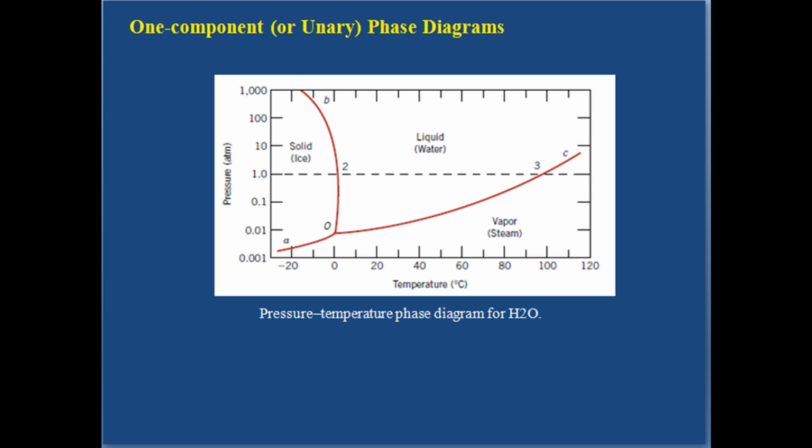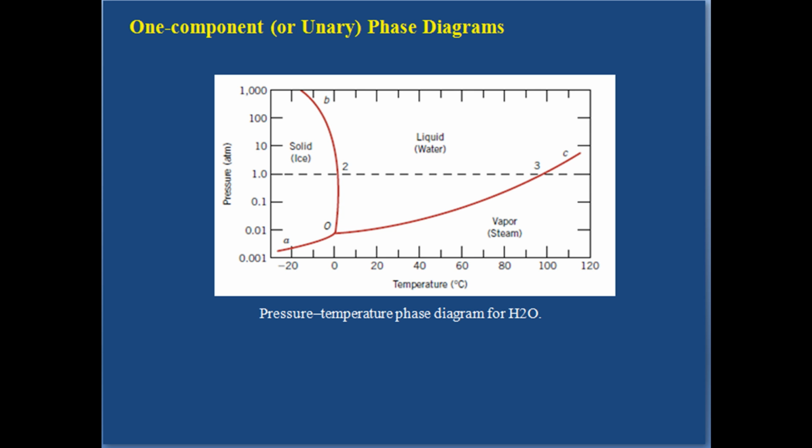Sometimes it is also termed an invariant point inasmuch as its position is fixed by definite values of pressure and temperature. Any deviation from this point by a change of temperature and/or pressure will cause at least one of the phases to disappear.